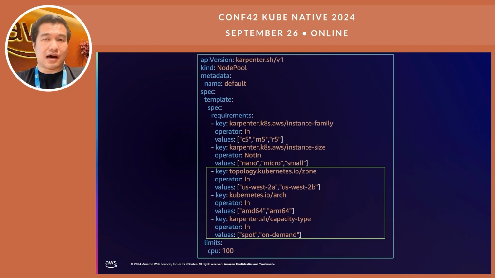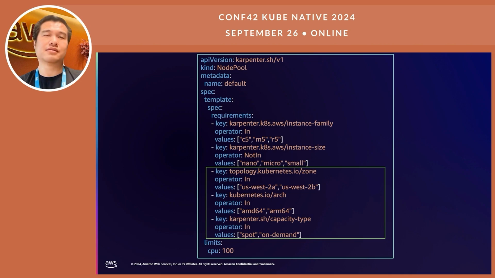And you can also use ARM64, which is Graviton on AWS. Graviton provides better price performance compared to x86. So if your application is already tested and supports ARM, you can use ARM here as well.